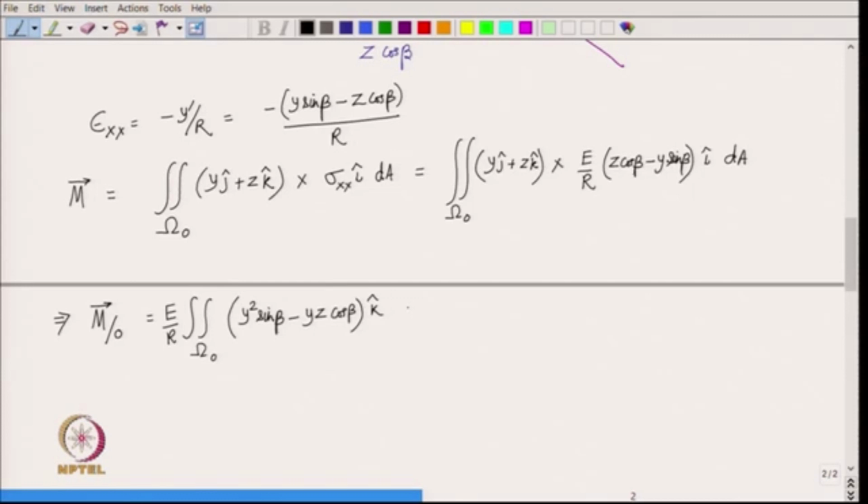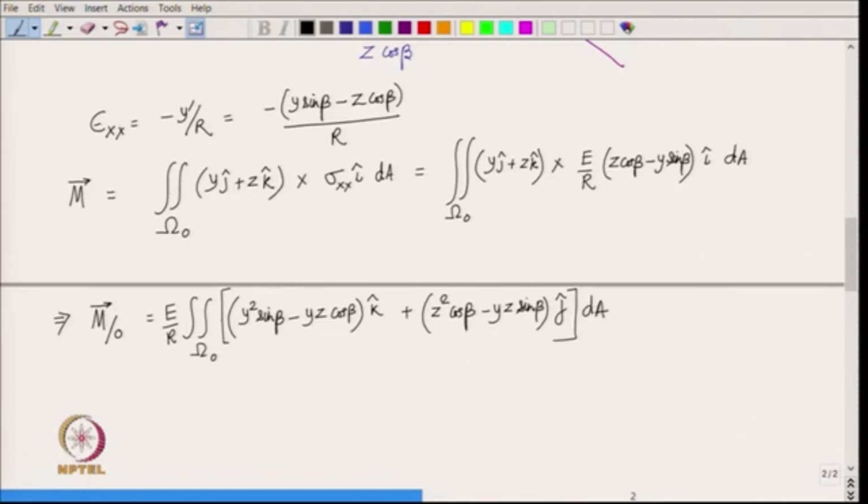Then k cross i is j. So, we have plus z square cosine beta minus y z sine beta in the j direction, and this whole thing is integrated over the cross section.